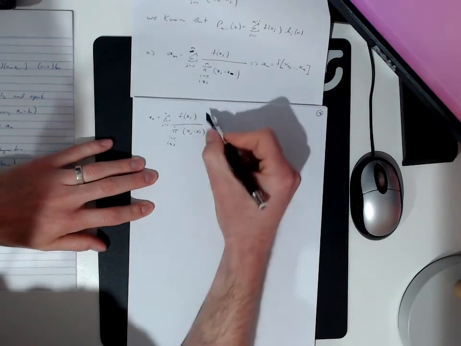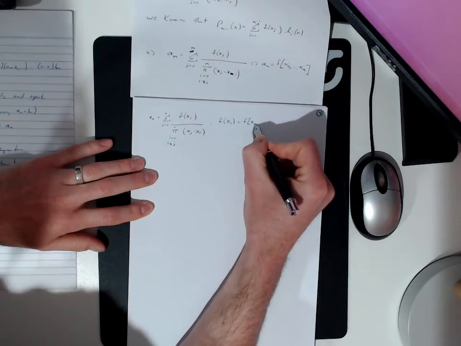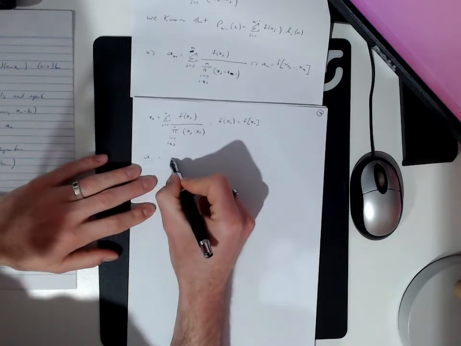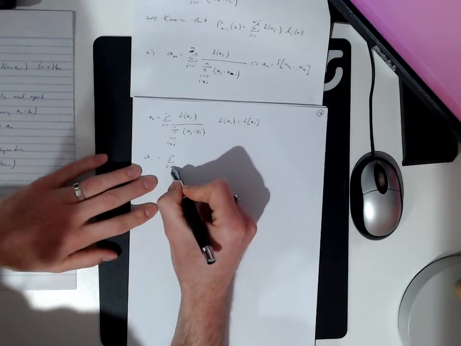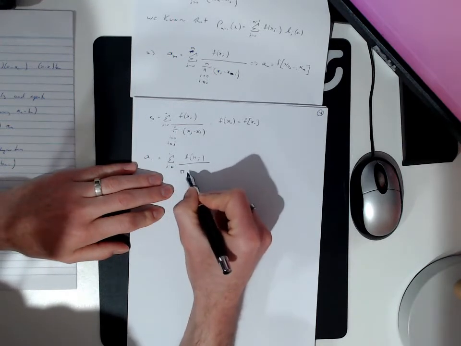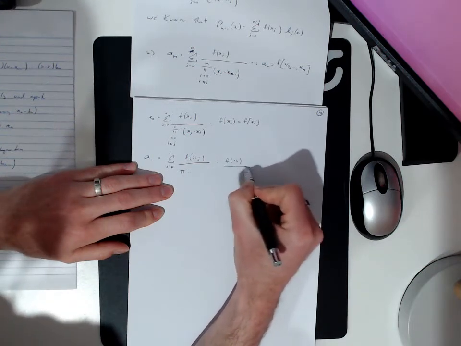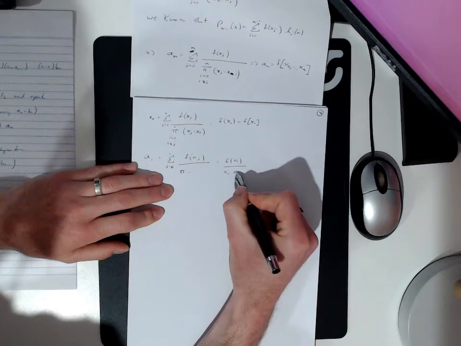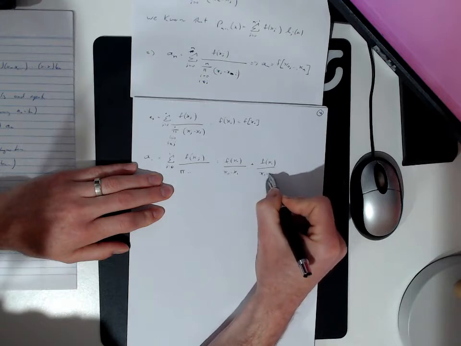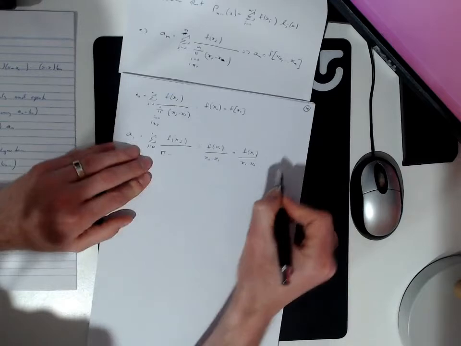This is empty, and so this is just f(x0). a1 is equal to the sum j equals 0 to 1 of f(xj) over the product. When you expand the definition, this will be f(x0) over x0 minus x1 plus f(x1) over x1 minus x0. When you swap that around, you get a minus sign, and that is the finite difference.